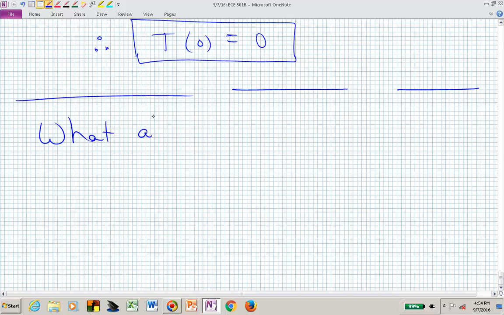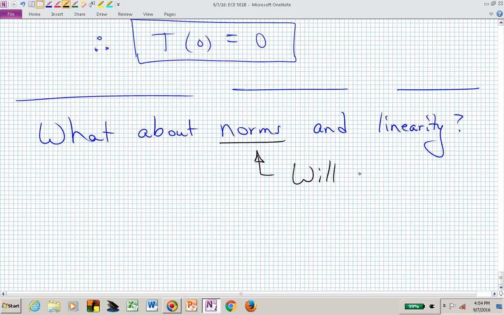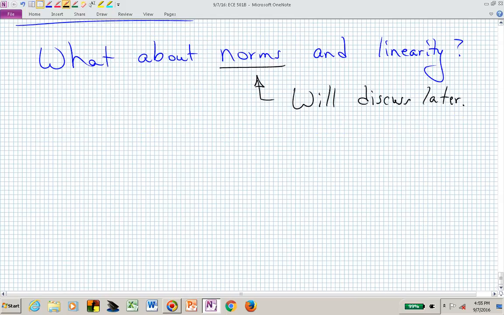What about norms and linearity? This term we'll learn more about later. We'll define it here, but we'll play with it more in the future. But for today, I just want to use it as a particular way of doing a dimension changing type map.